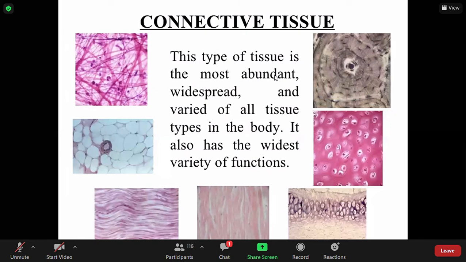Okay, the connective tissue, of all the tissues you will know, is the most abundant, the most widespread and varied of all tissue types in the body. It also has the widest variety of functions, and of course plenty of cells and fibers that you will meet.